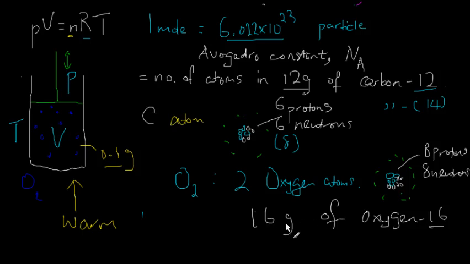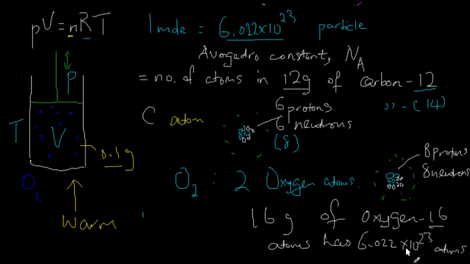So 16 grams of oxygen 16 atoms has this number of atoms, 6.022 times 10 to the power 23 atoms.